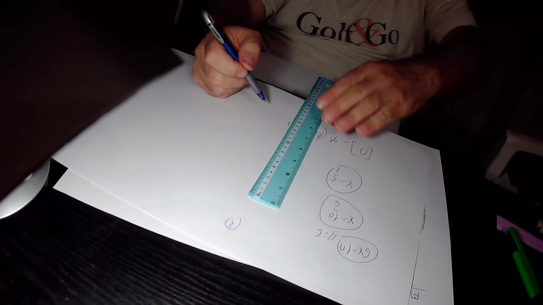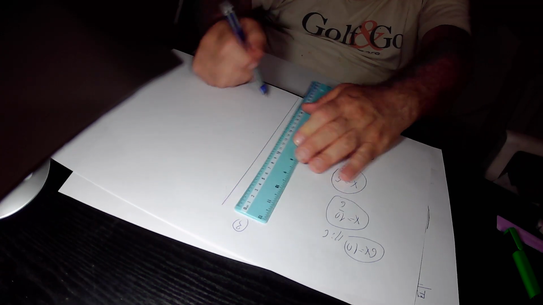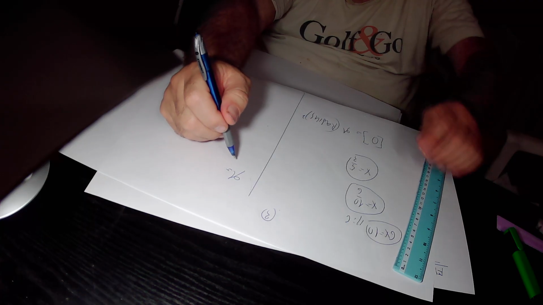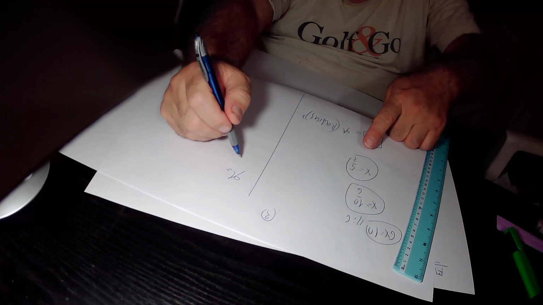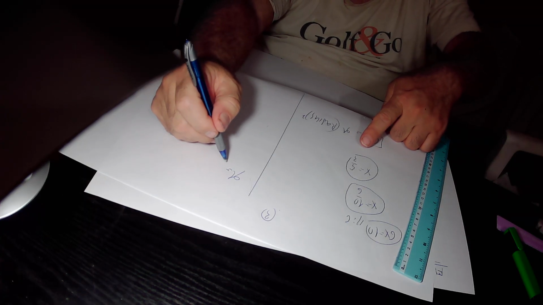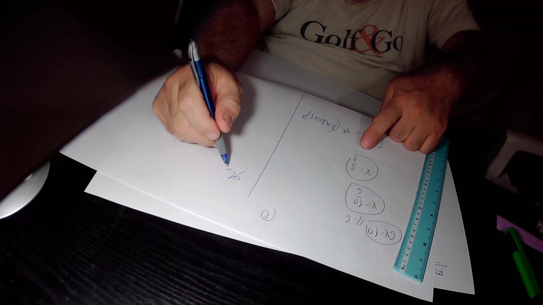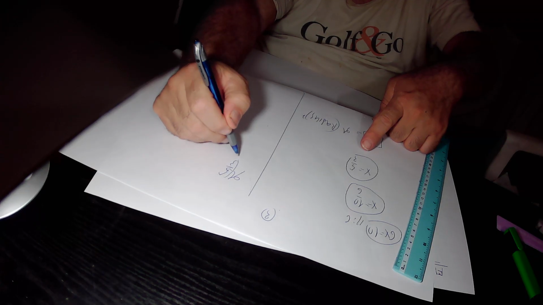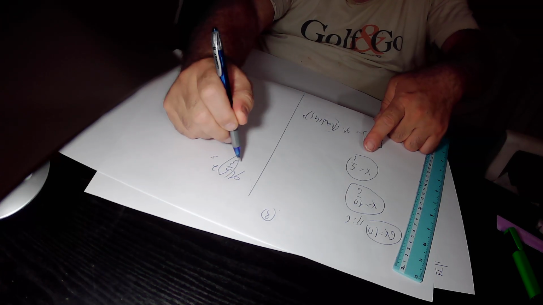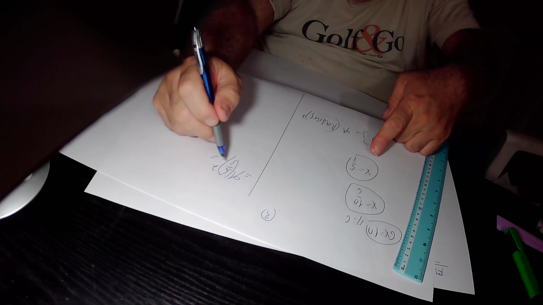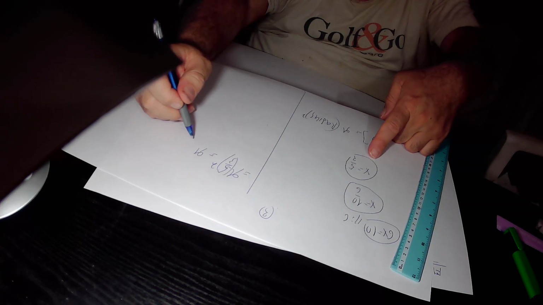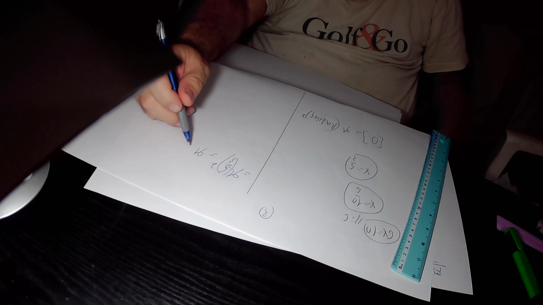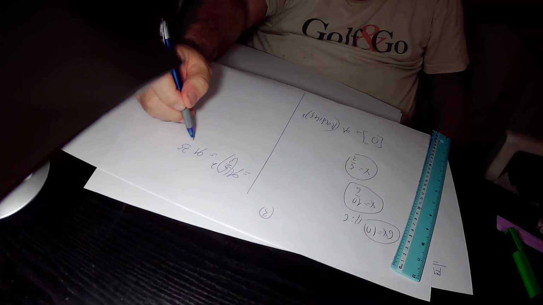And therefore, the area of the circle will be equal to pi, and the radius is x, that is 5 over 3. So the radius squared is (5 over 3) squared. So we found out that the area of the circle equals pi times (5 over 3) squared. (5 over 3) squared equals 5 squared, that is 25, over 3 squared, that is 9.